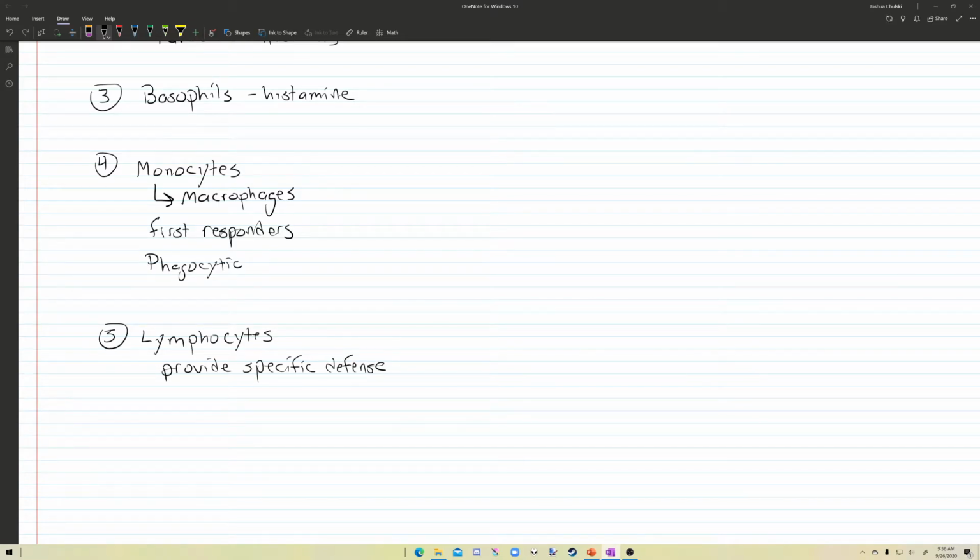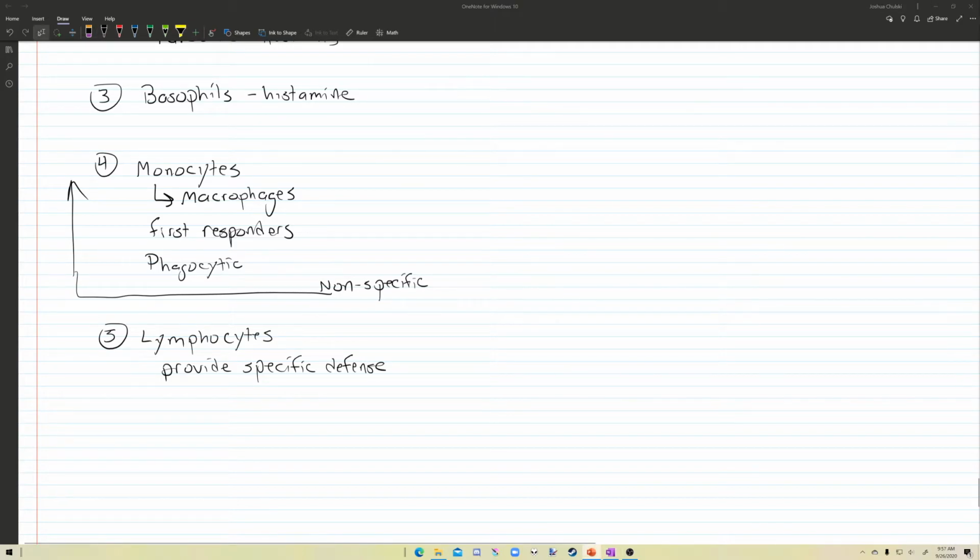Everything above this line is non-specific, which means that it will attack anything that's foreign. But when you get to the level of the lymphocyte, the B cells and the T cells, the plasma cells, they have to be told, and the response has to be tailored to what it's fighting. So it's very, very specific. So those are the five main types of leukocytes.